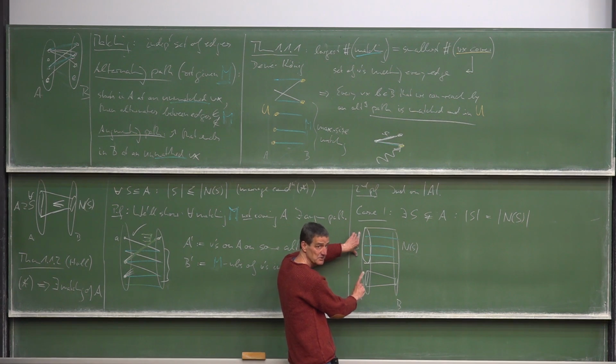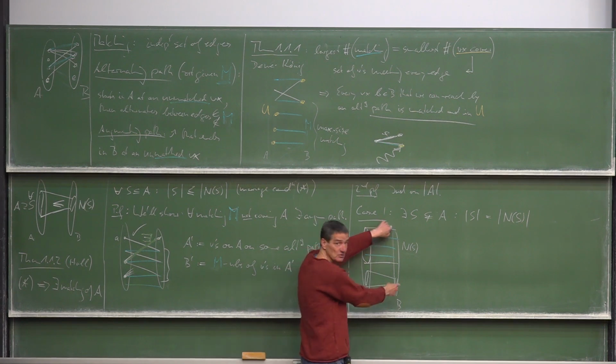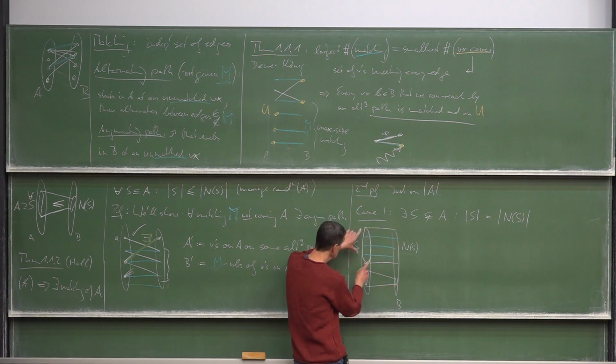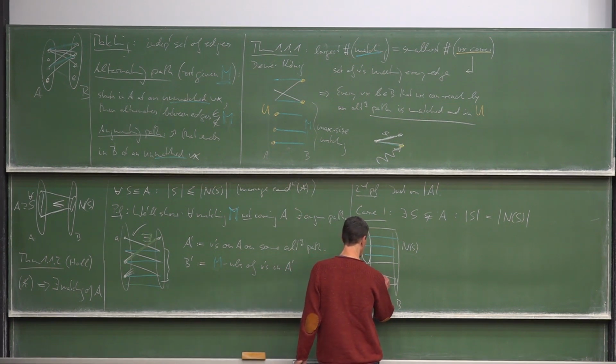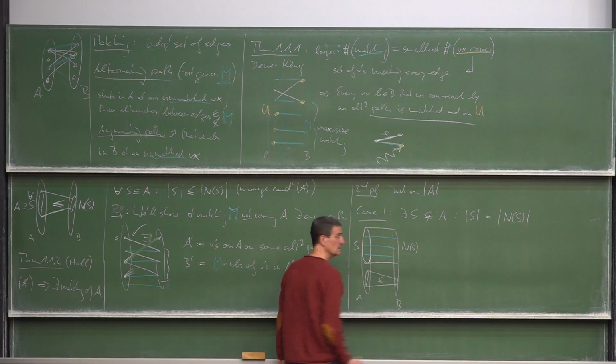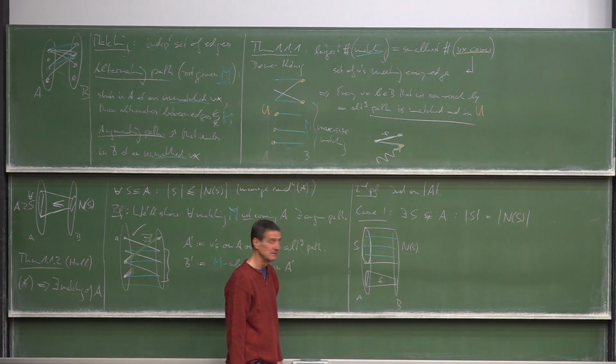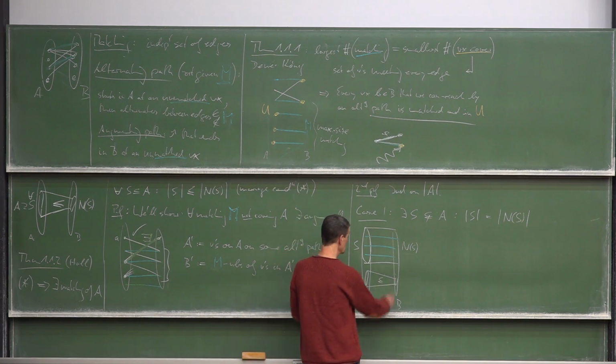That's important. But it's too small. So the union of S and this set would violate the marriage condition for the whole graph. So that can't happen. So we can apply induction also down here.